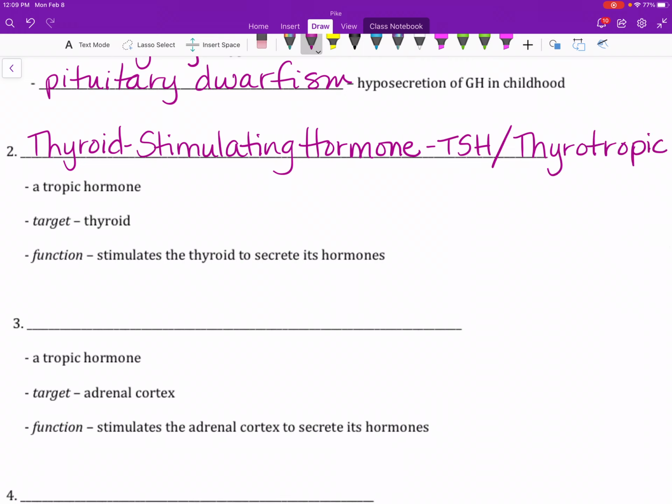Sorry, I'm writing and talking at the same time. So remember, when you see the word tropic, you immediately want to go, that's the boss. That hormone is just there to boss another endocrine gland around. And it tells you in the name, okay? So the target is the thyroid. We're targeting the thyroid here.